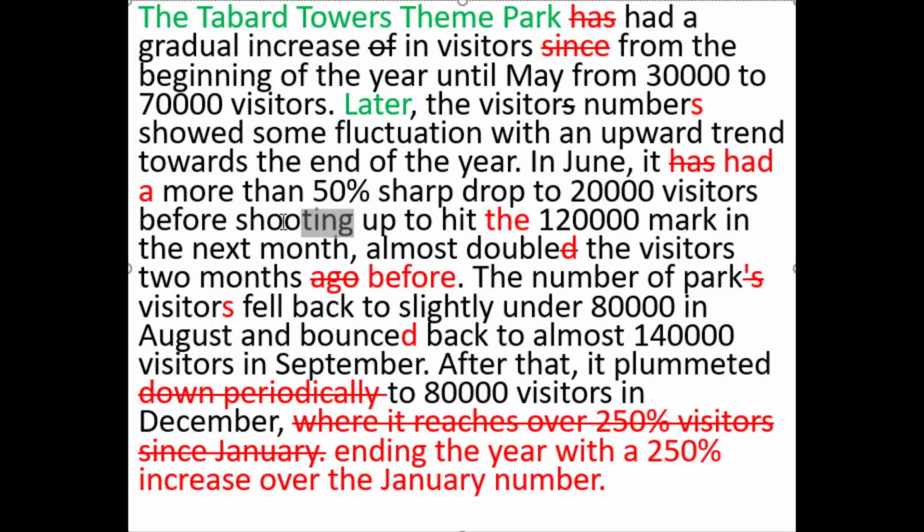So the second verb takes this ing, and here we can do the same thing. Ending the year with a 250% increase, because increases are countable, so we need the article there, over the January number. Okay, but actually this was just the first version, and I'm going to be looking at the second version in just a second.